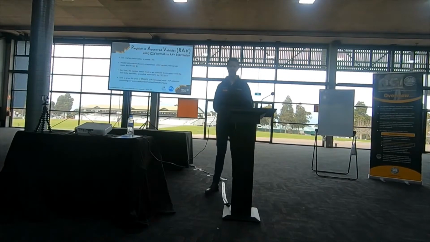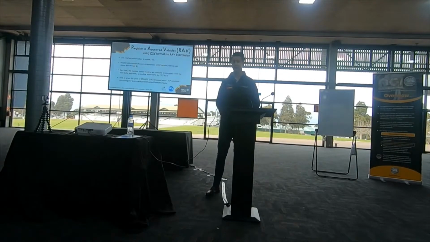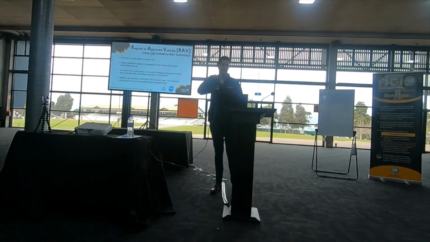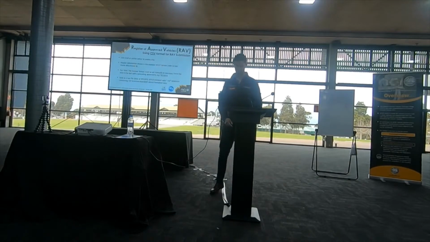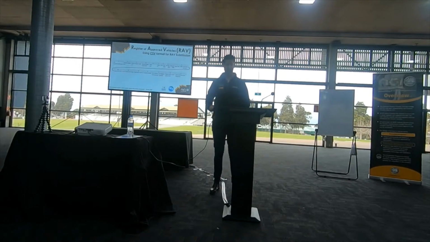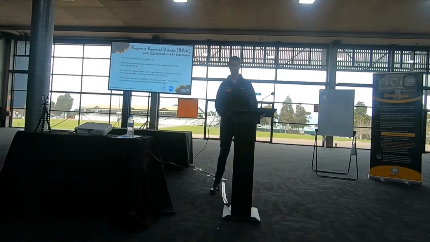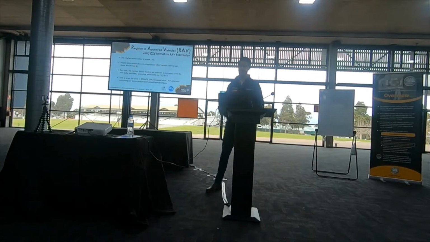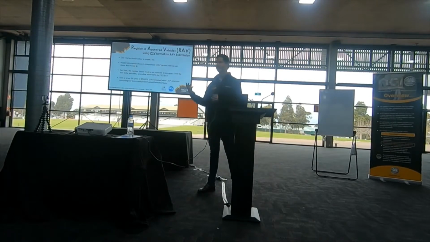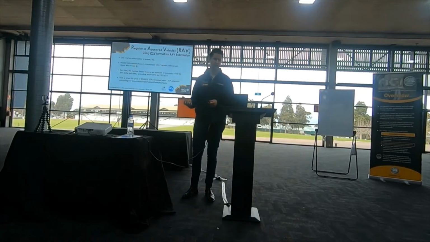So as I said, use Excel or similar editor to create a file for CSV. The header information in that spreadsheet needs to be exactly the same as in the RAV attachments guide, as I've just showed everyone there. If it doesn't match up, then it won't validate and it won't go into the RAV submission properly. And this is where I can understand where XML potentially would be more beneficial.